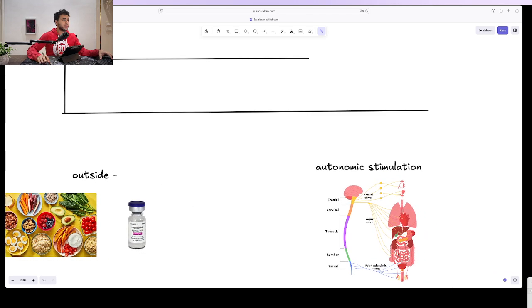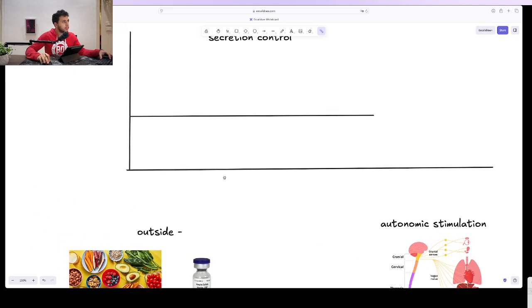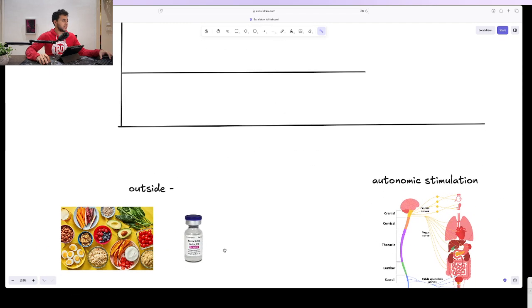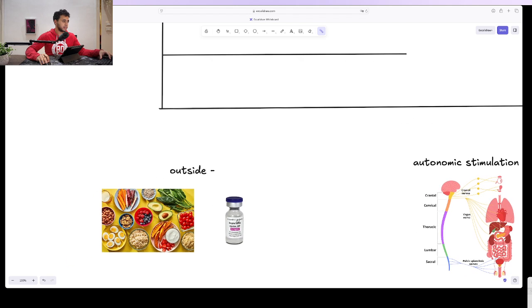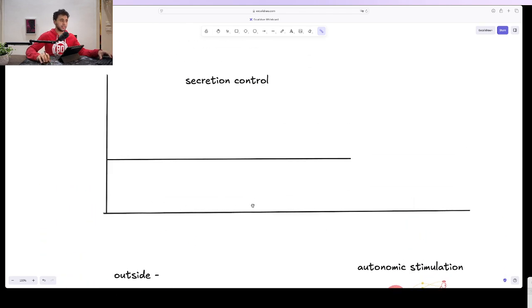And also there is the autonomic stimulation. We have the parasympathetic stimulation and the sympathetic stimulation. The parasympathetic stimulation is the one that increases salivary secretion. The things that decrease salivary secretion: first is atropine. Atropine decreases salivary secretion, as does any cholinergic blocking agent, and the sympathetic stimulation also decreases the salivary secretion.